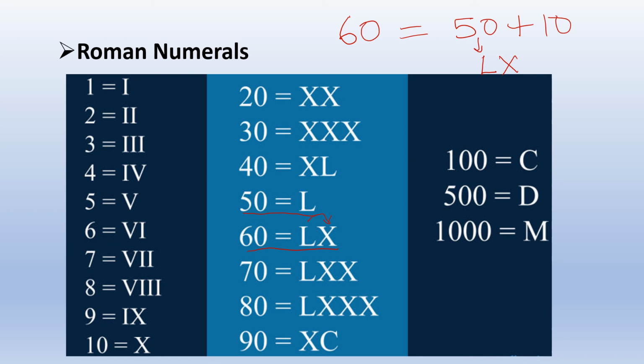If you are asked to write the Roman numeral of 80, how will you write it in terms of 50? You will write 50 plus 10 plus 10. That means L, X, X, X. Whatever is put to the right is getting added to the number.